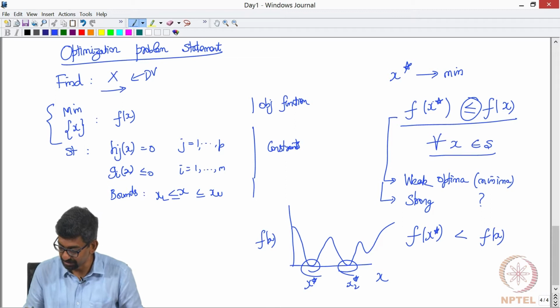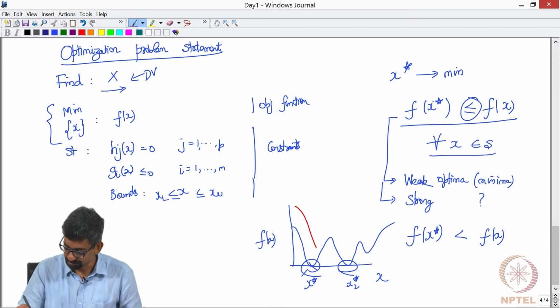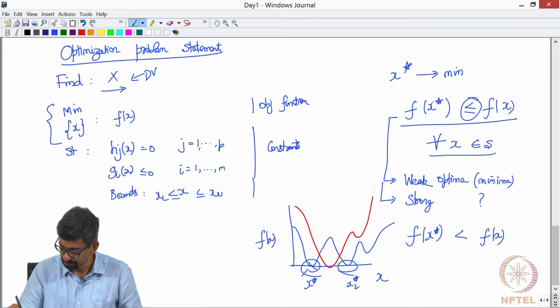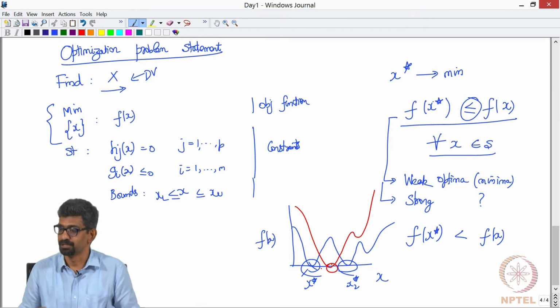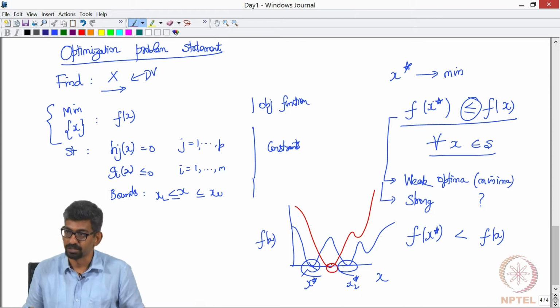But in case I did not have this part, let us say I had a function like this, then only this is my minima. What is this blue curve that I drew called? What kind of an optimum problem is it? When you have more than one local optima, this is also called local optimas. When I say local, there is also a global.